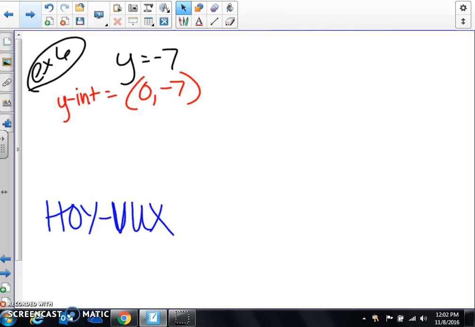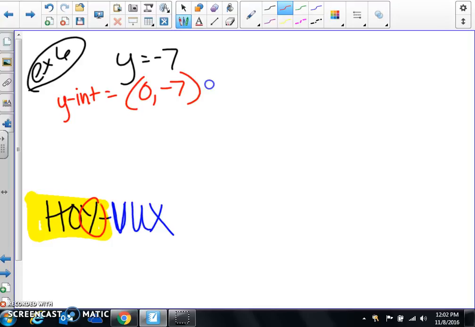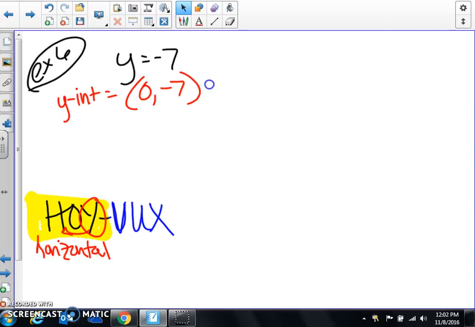I want to take this part because it's a y equals equation. So if it's a y equals equation, it's going to be horizontal. Okay, so it's going to be horizontal, which means side to side, right? You look at the horizon over the beach.